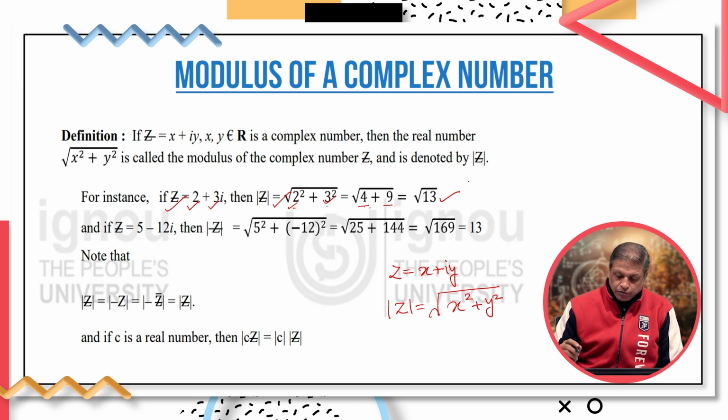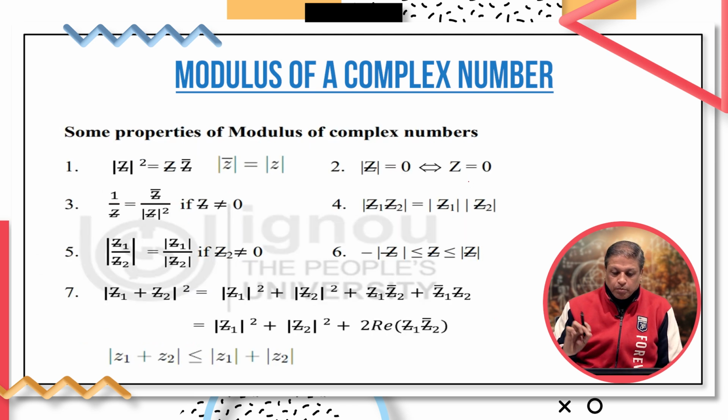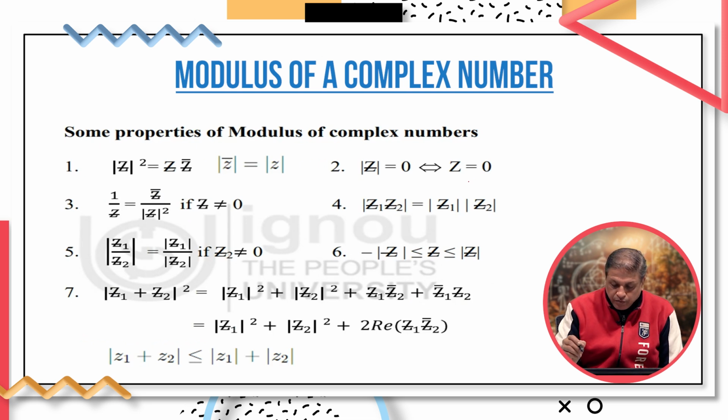So this is about the modulus of complex numbers, and there are some properties about the modulus of complex numbers.